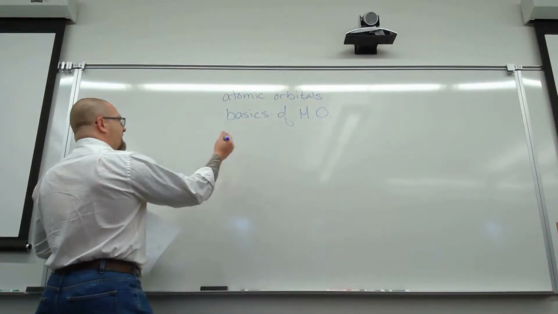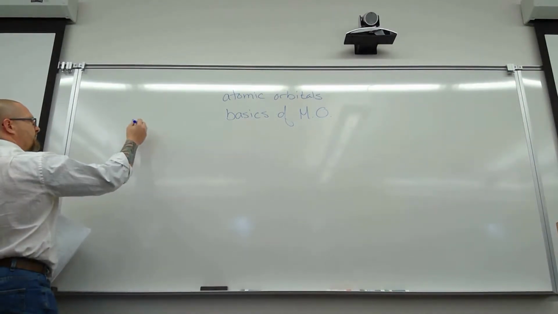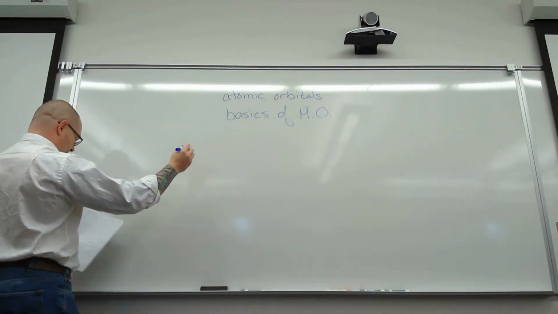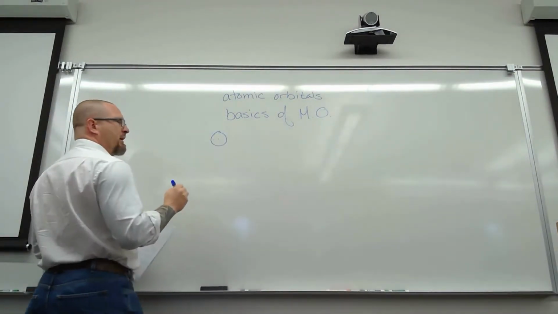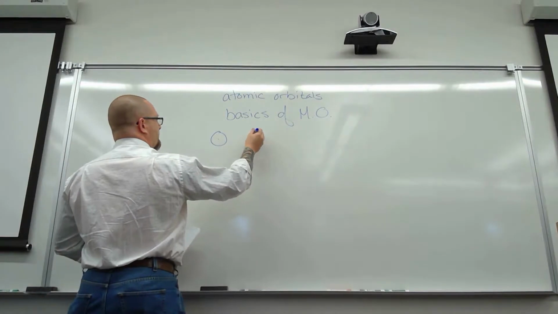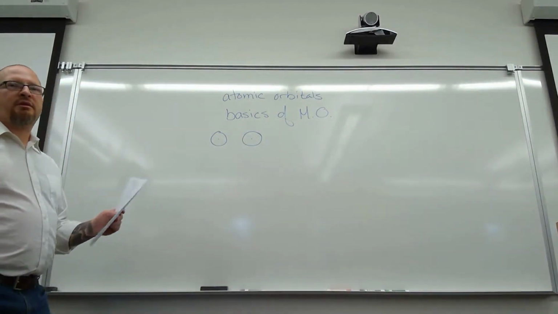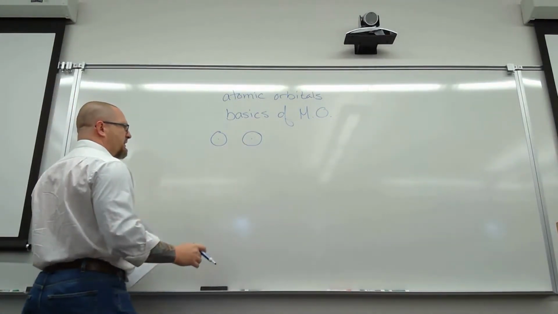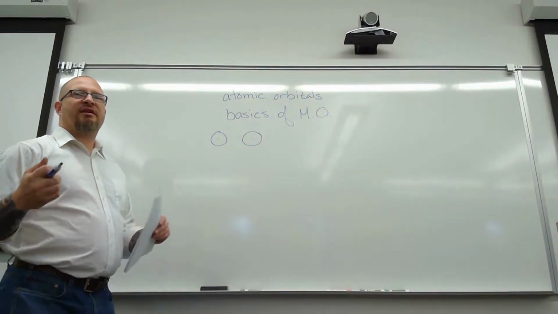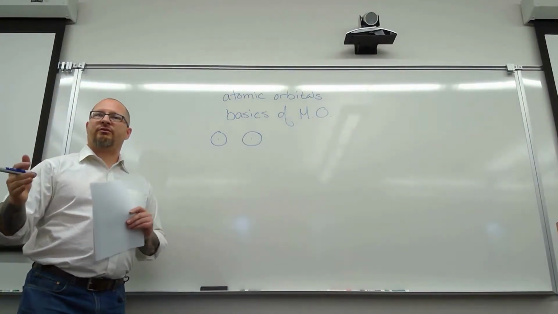When you are forming, let's say, a sigma bond between two s orbitals, we have a nuclei with an s orbital. We have another nuclei with an s orbital. We could just call these hydrogens. And when they're this far apart, they can't bond because they need to have the nuclei close enough where they can effectively share the electrons through space.